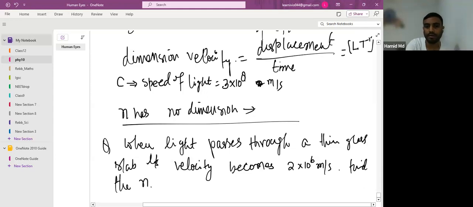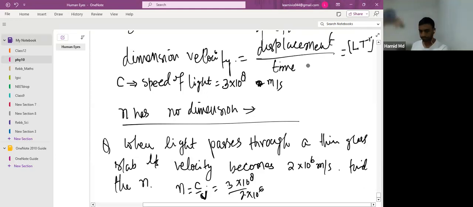So n will simply be equal to c over v. c is 3 into 10 to the power 8, and v is 2 into 10 to the power 6. Did you get the answer?